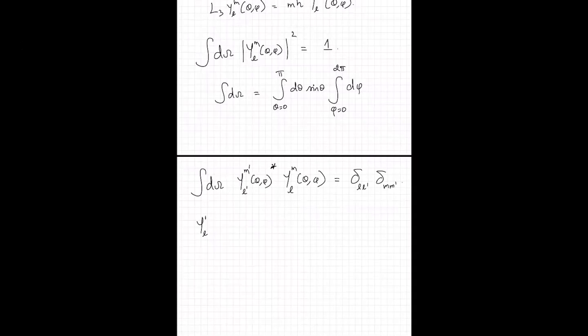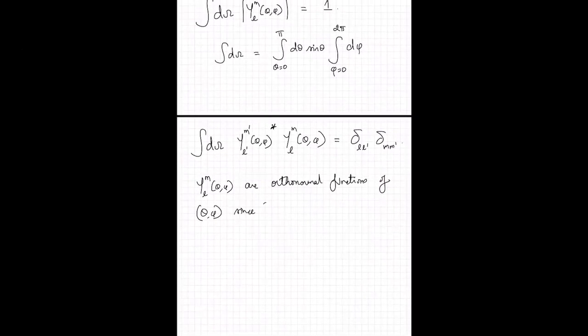Okay, so the YLM theta phi are orthonormal functions of the angles theta phi, since they are the eigenfunctions of the Hermitian operators L square and L3. Okay. So that is as much as we can go about in this problem without solving the differential equation.